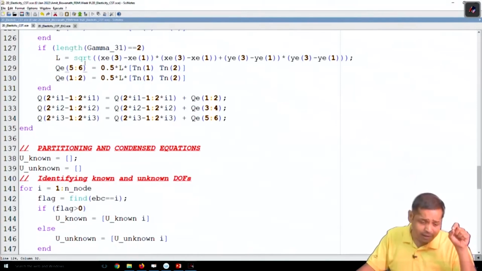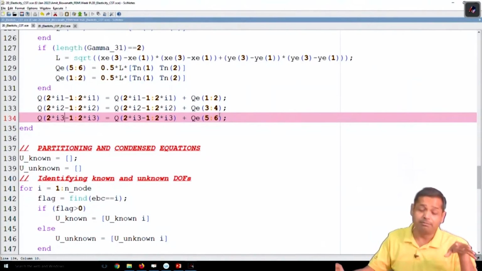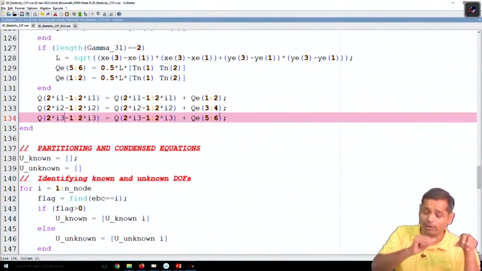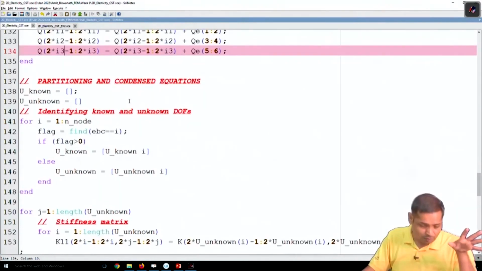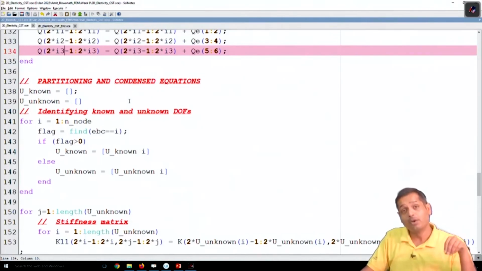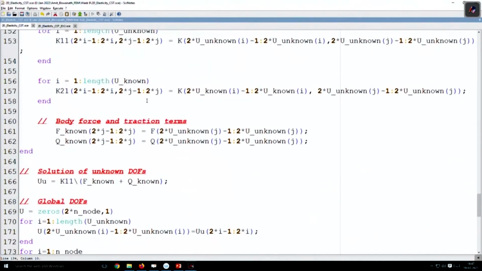So once we have the element level traction vector, next is the globalization of that traction vector. The logic is exactly the same: depending on the local element level node number and the corresponding global node number, we can populate the global Q. Once we have all these load vectors and the stiffness matrix, next is the partitioning of the matrix based on the known and unknown information, and once that is done, the next is the solution of the condensed equations.